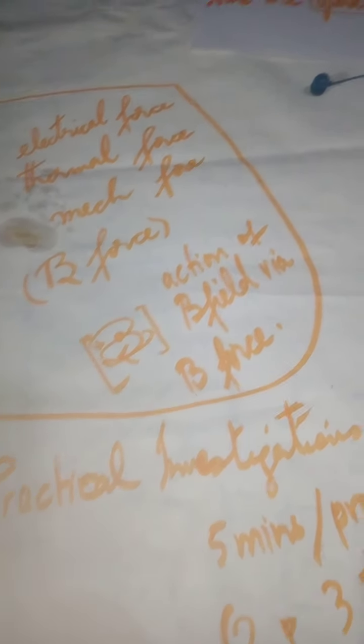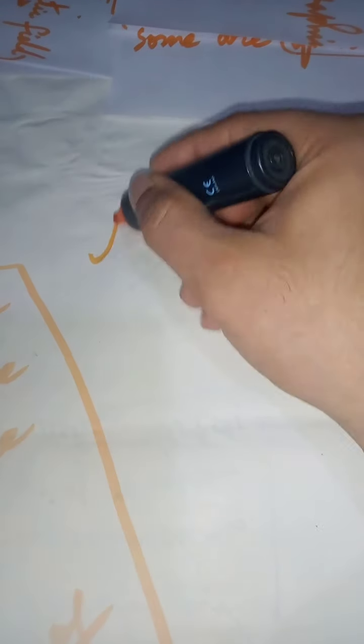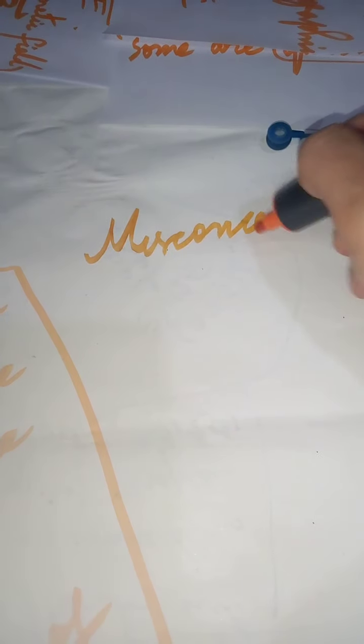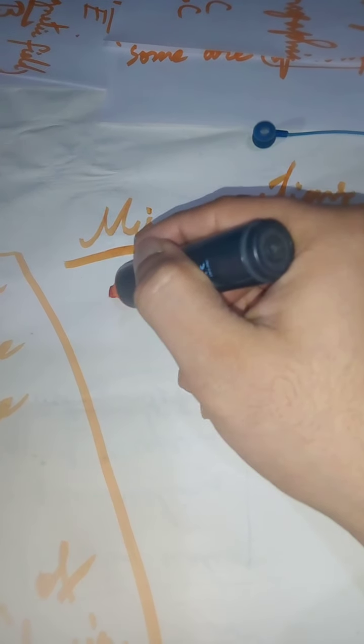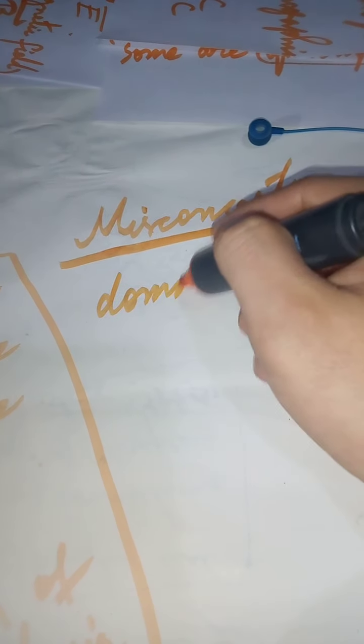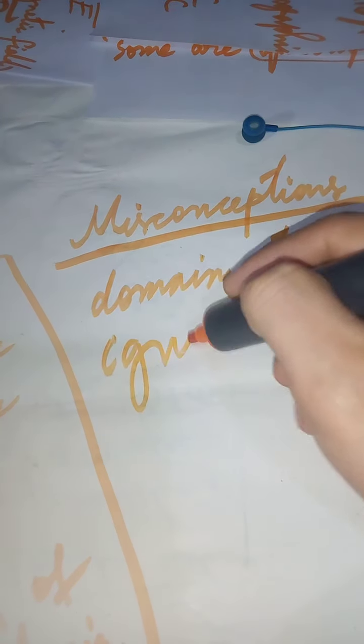Now, the next lecture will be about misconceptions. And I would ask them to learn about the domain structure of the magnet, but ignore it. That's not non-intuitive, but ignore it.